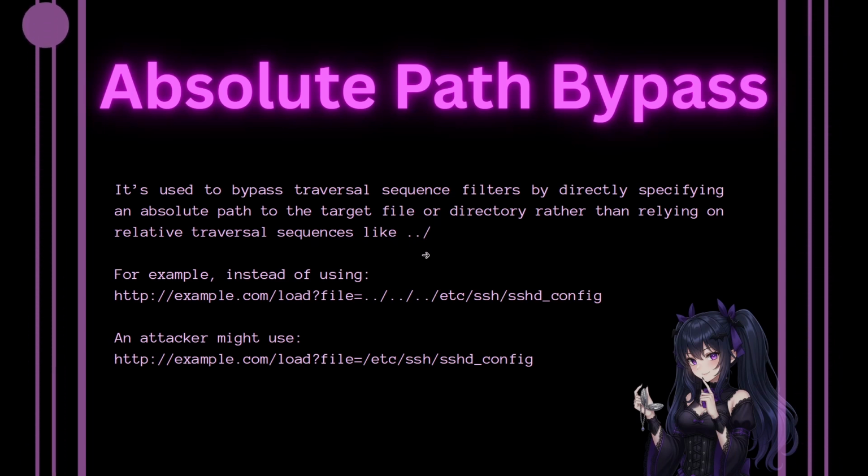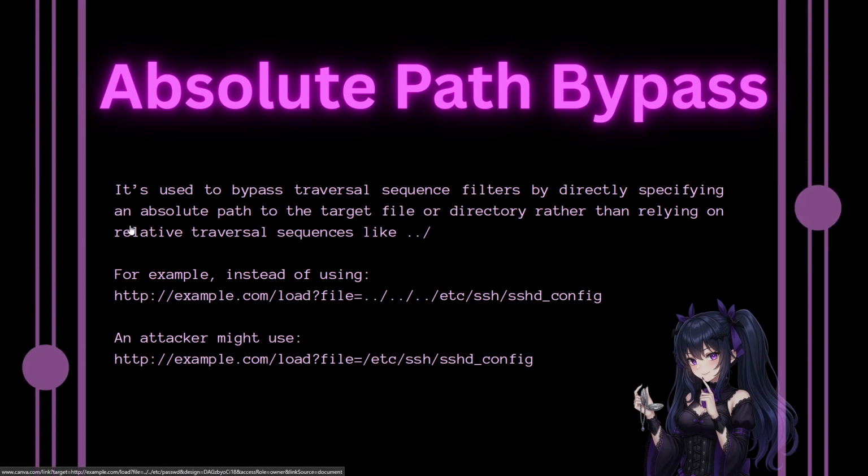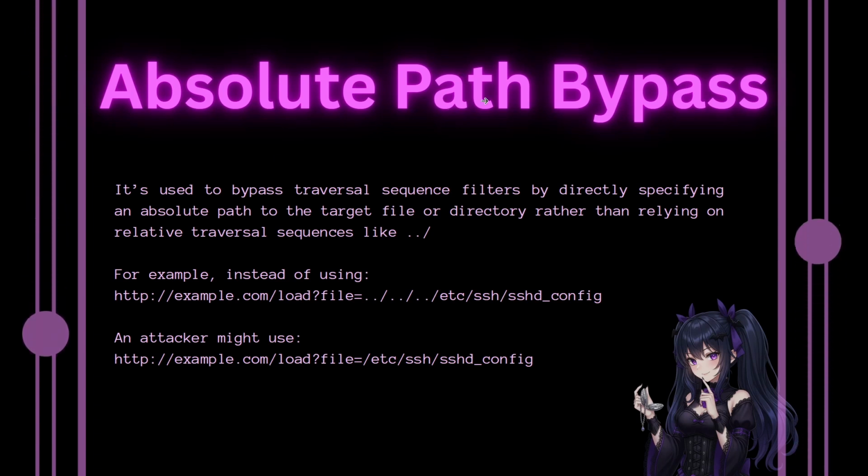In the previous file path traversal video, we provided the relative path to solve the lab and get the value of the password. But with the absolute path, we don't give the relative path, but we directly give the path where we want to move.